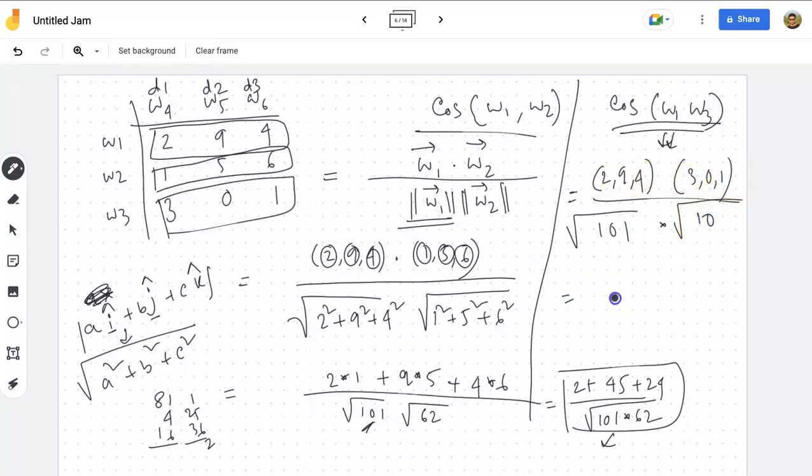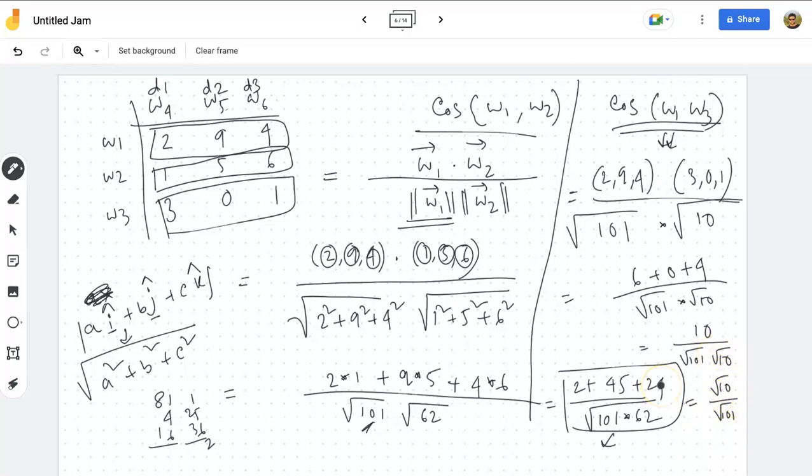The dot product will be 6 plus 0 plus 4, over root over 101 into root over 10. So basically 10 divided by root over 10 times root over 101.